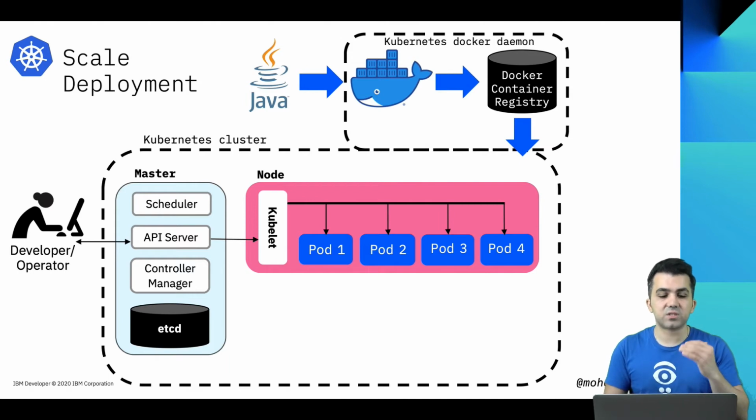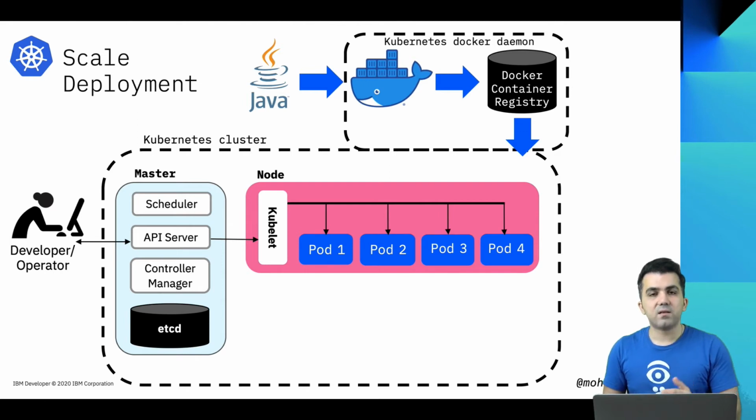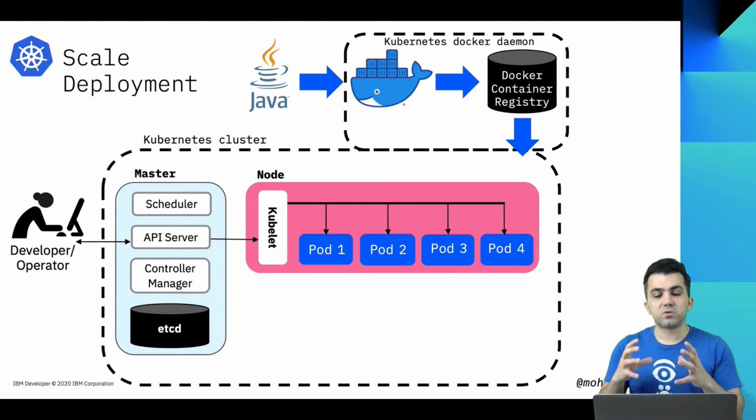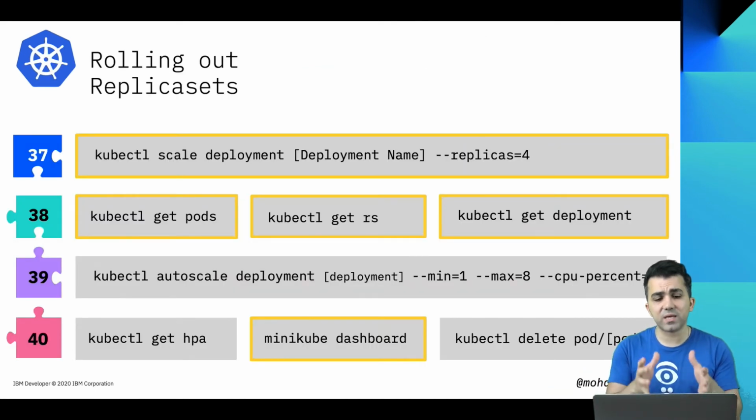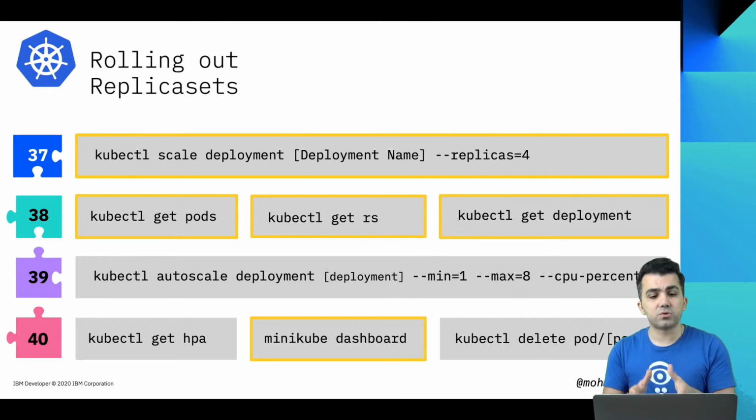You communicate with the scheduler, with the controller manager, with etcd to make sure everything is ready. We've got all the resources available, and then communicate with the kubelet to create more instances of our application within that node, and that adds more pods. So that's the process, and the way we do that is we use kubectl scale deployment, and the deployment name or the label, and then the number of replicas.